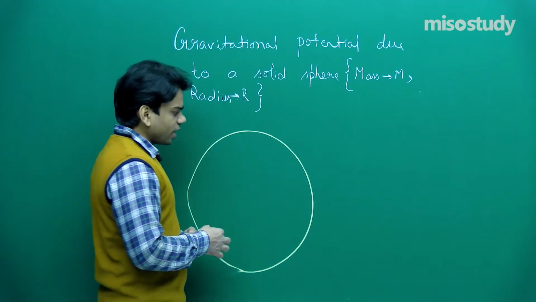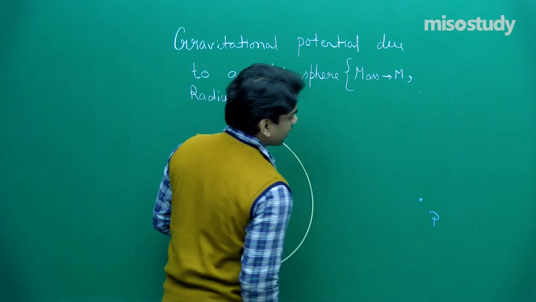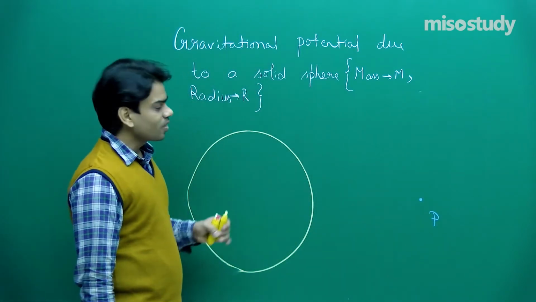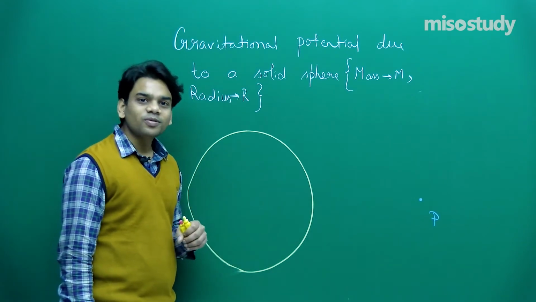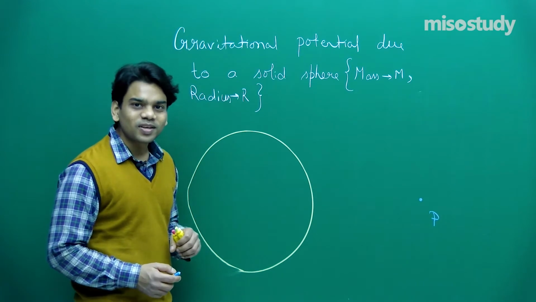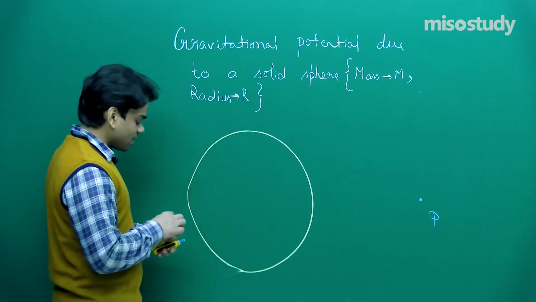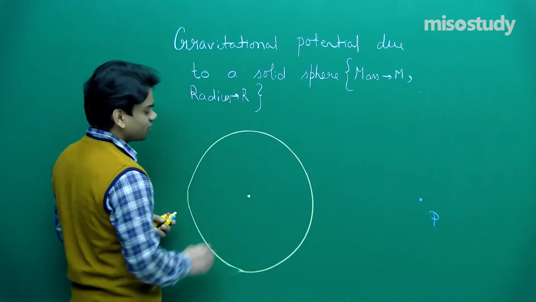Suppose we want to find the potential at some external point P. How do we find that? We know the potential due to a hollow sphere is minus GM by r, where r is the radius of that hollow sphere. So we'll use that same concept. Let's say this is the center of the solid sphere.